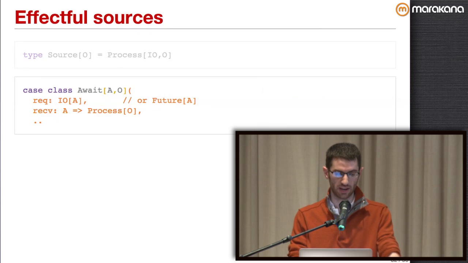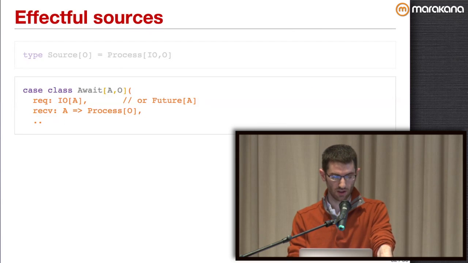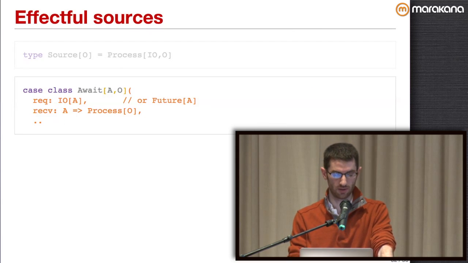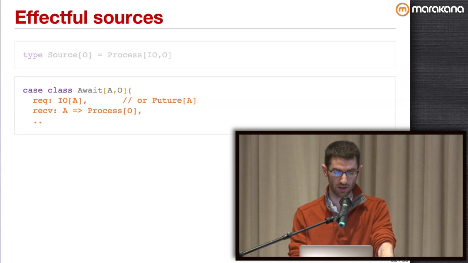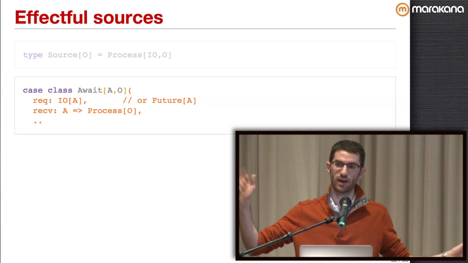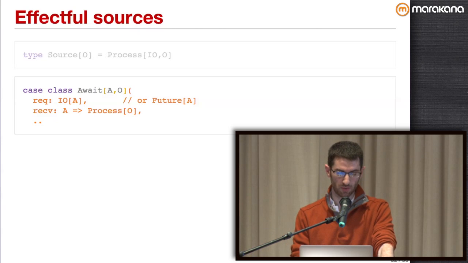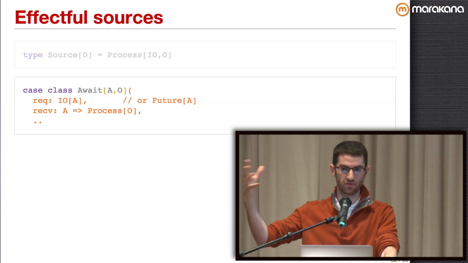Let's look at the await case. Here I've substituted an I/O for the request type. But you could also imagine maybe future A. So let's think about if we're writing a driver and we encounter an await case, we're going to have an I/O action or a future.